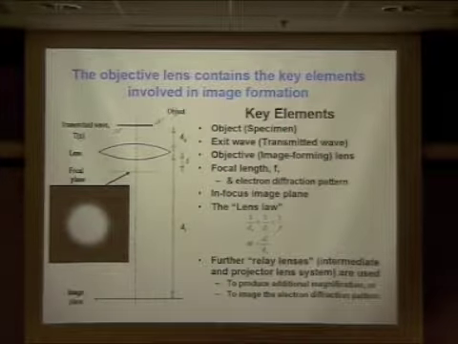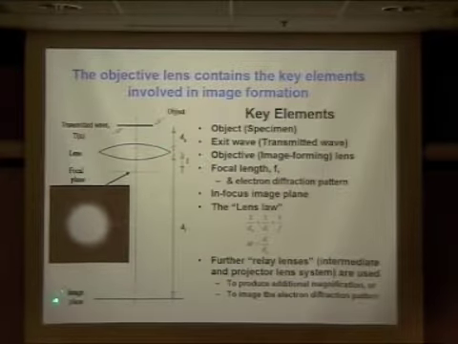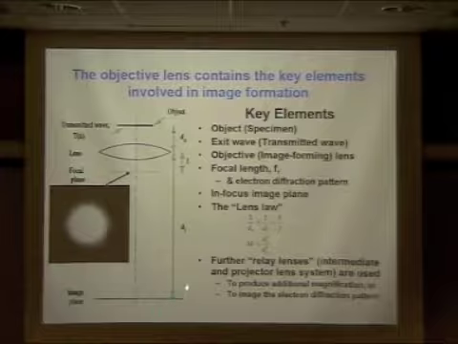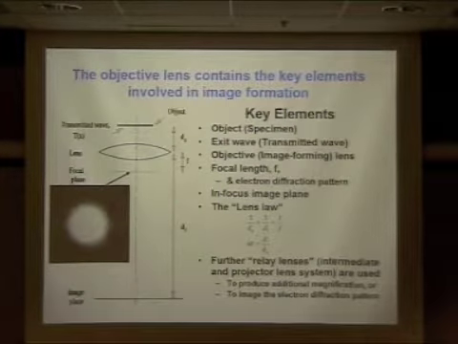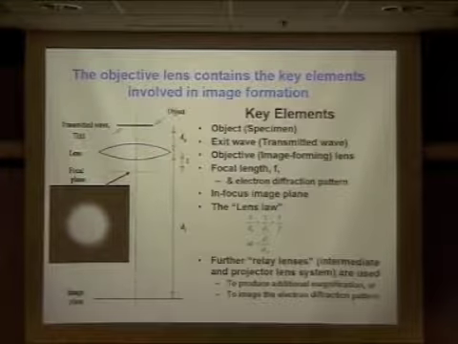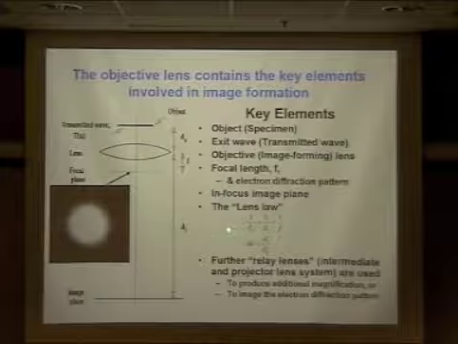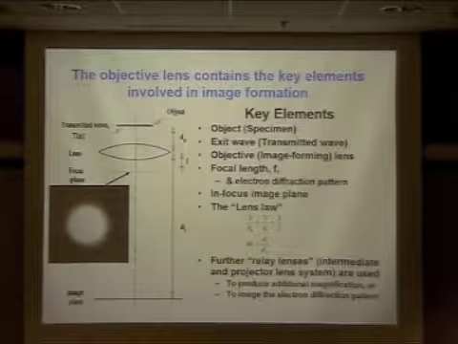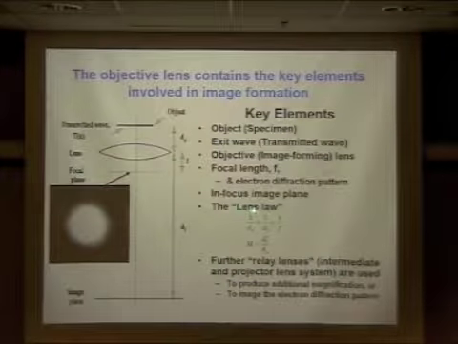Two things very useful to know, that the objective lens produces an in-focus image at a distance di, when the object is at a distance do for object. That satisfies this kind of algebraic relation. 1 over the distance to the object plus 1 over the distance to the image is equal to 1 over the focal length. And that's called the lens law.